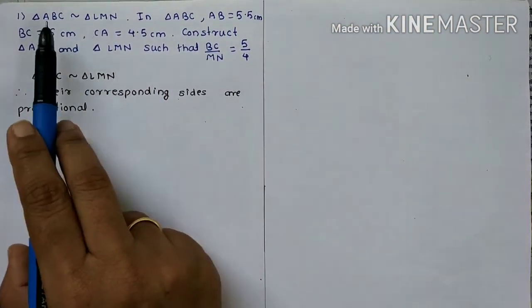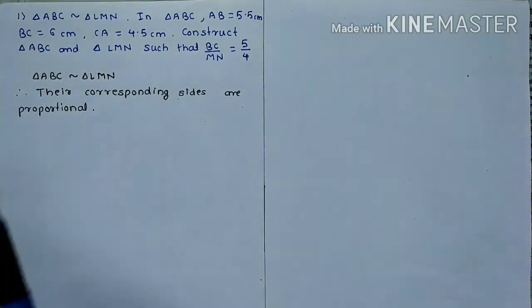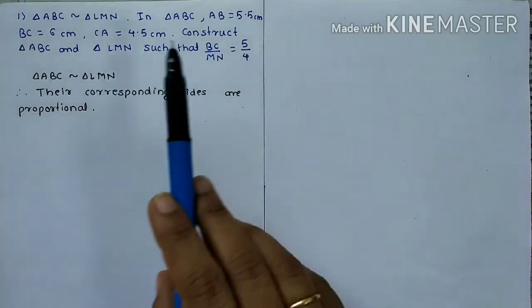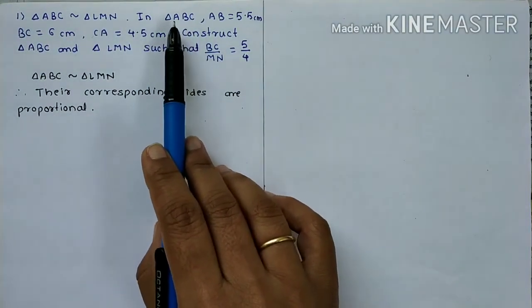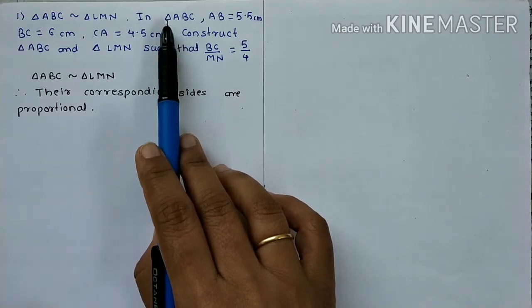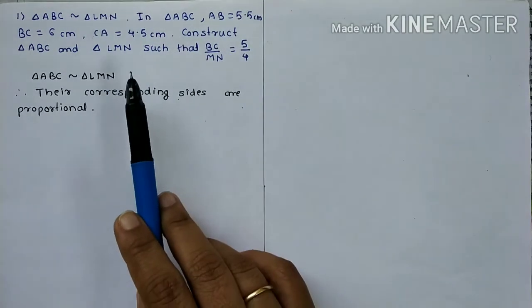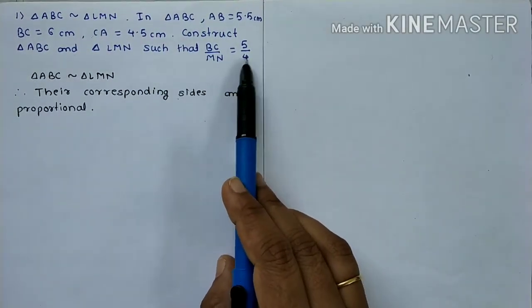In this example, two similar triangles are given and we have to construct these two triangles. Here, measurement of all lengths of side of triangle ABC are given and also here ratio is given.